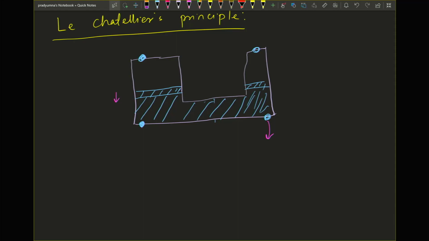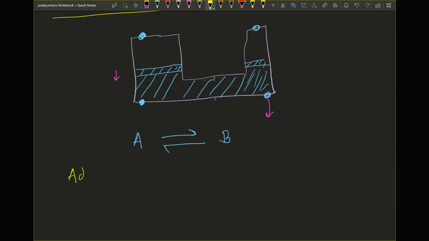So if we stress a system, let's say we have a system where A is in equilibrium with B, right? If we add more A to this equilibrium, as soon as you add more A, suddenly the rate of reaction will change and the system will start moving towards B. So once you add more A, the equilibrium will shift towards the product, which is to the right side.